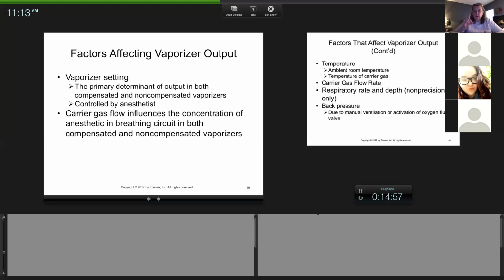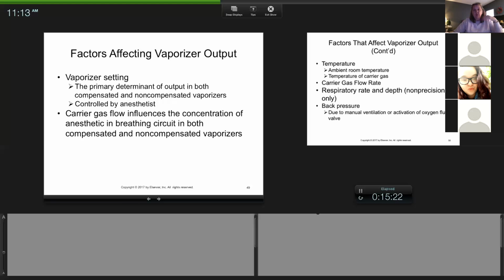Normally, we run 1 liter of oxygen a minute to our patient. We set our flow meter and it delivers a liter of oxygen, and that keeps the bag full and the patient can breathe and goes throughout surgery. Sometimes if I want to make my patient deeper, I don't necessarily always have to turn up my vaporizer.